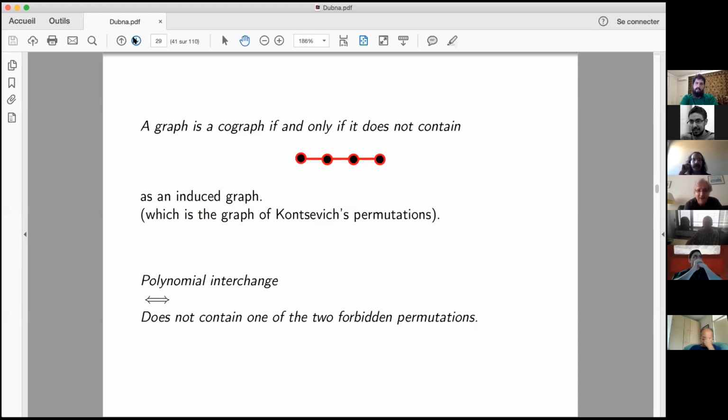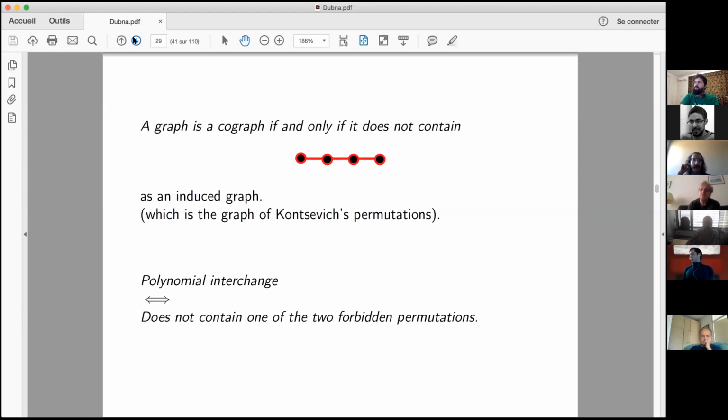And using the fact that cographs are characterized by having no subgraph like that, you can prove that a permutation is a polynomial interchange if and only if it does not contain one of the two forbidden permutations of Conceivage. So that's another proof of Conceivage's theorem.